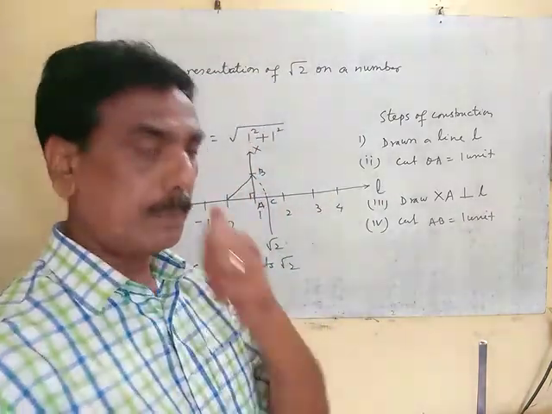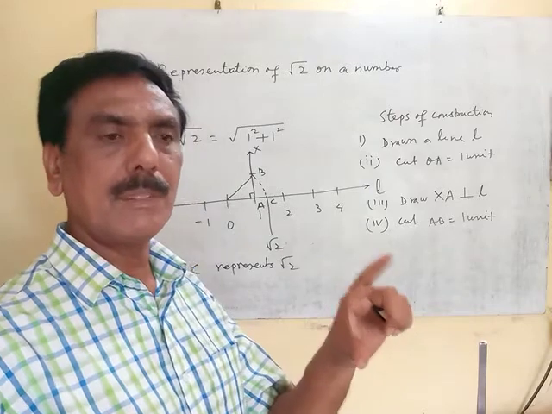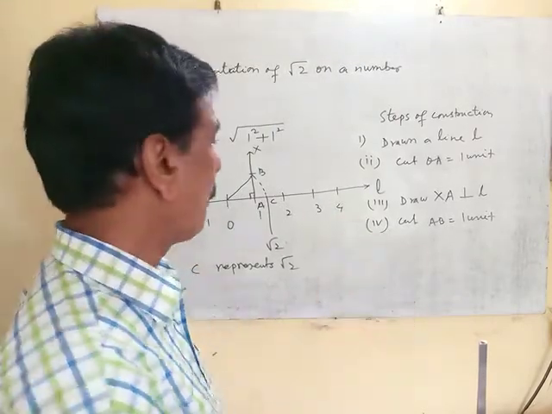AB can be anything. 1 unit means 1 centimeter, 2 centimeters, 3 centimeters, 1 inch, 2 inches, like this.